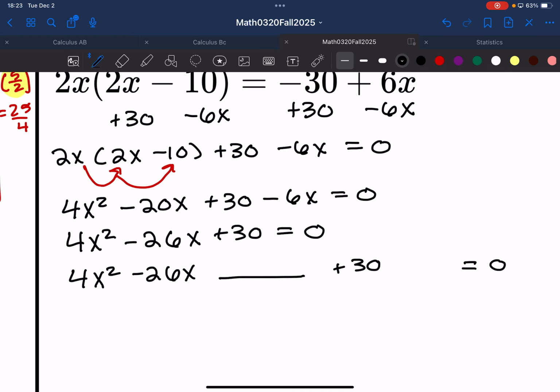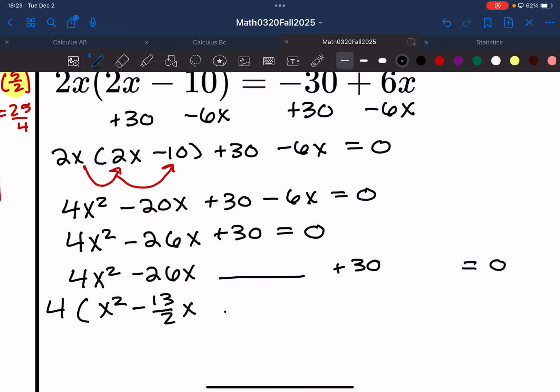Okay, so I'm going to take the 4 out, and I get x squared, and it's going to be another fraction here. It's minus 13 halves, right? 26 over 4. You can reduce it by dividing by 2, so 13 over 2.